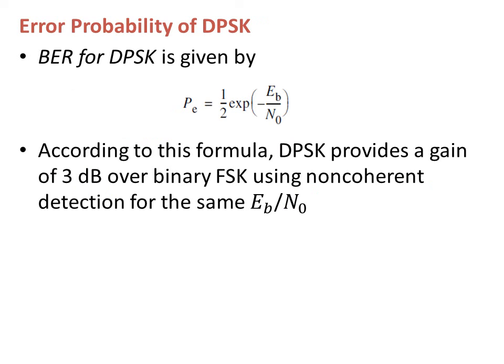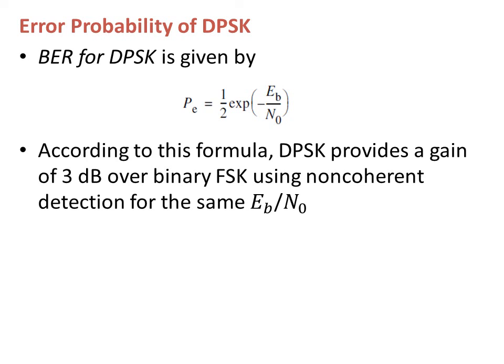Now, the last topic is the probability of error of the DPSK system. The BER or bit error rate for the DPSK system is given by the equation PE, the probability of error, equal to 1 by 2 into exponential of minus EB by N0, where EB is the signal energy per bit.